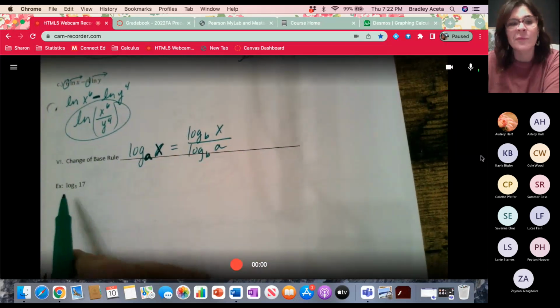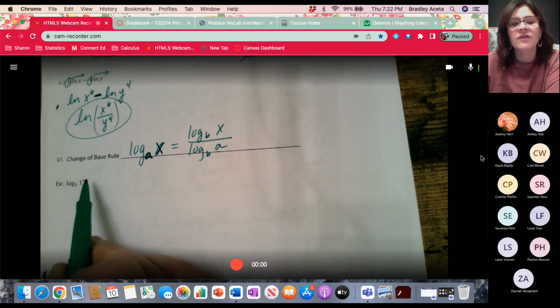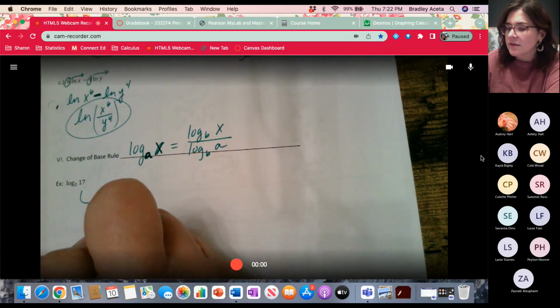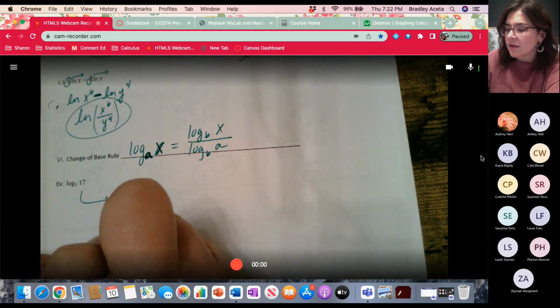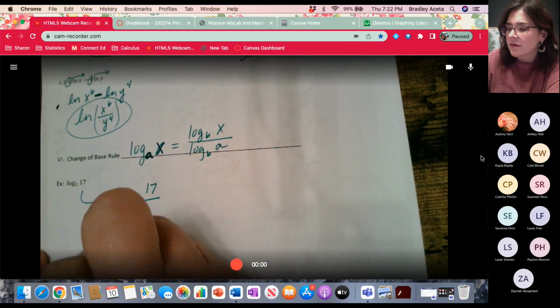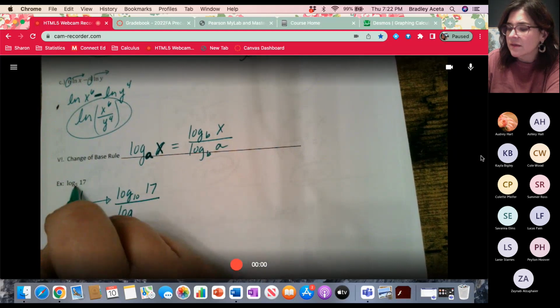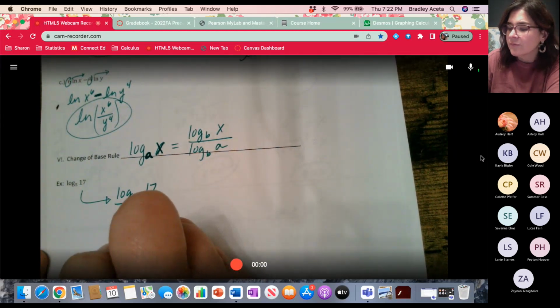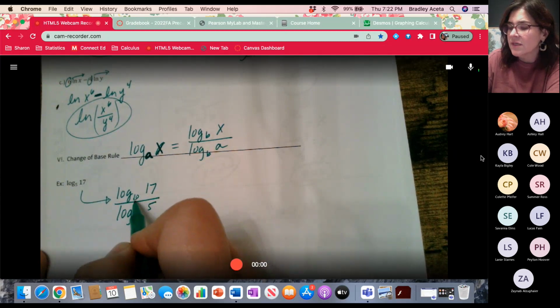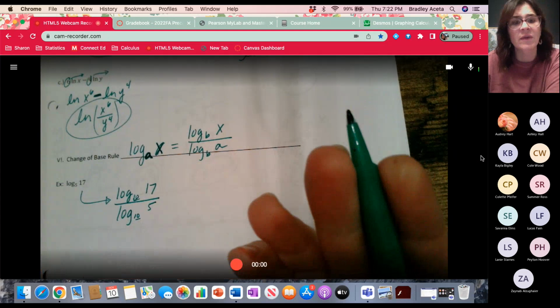So for example, log base 5 of 17, you can actually rewrite this to be log base 10 of the bigger number 17 over log base 10 of 5, that smaller number. You just keep these a different base. It's called change of base.